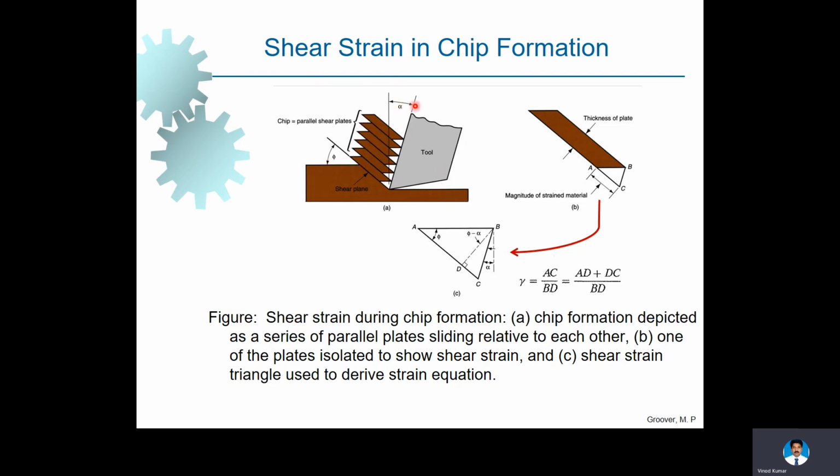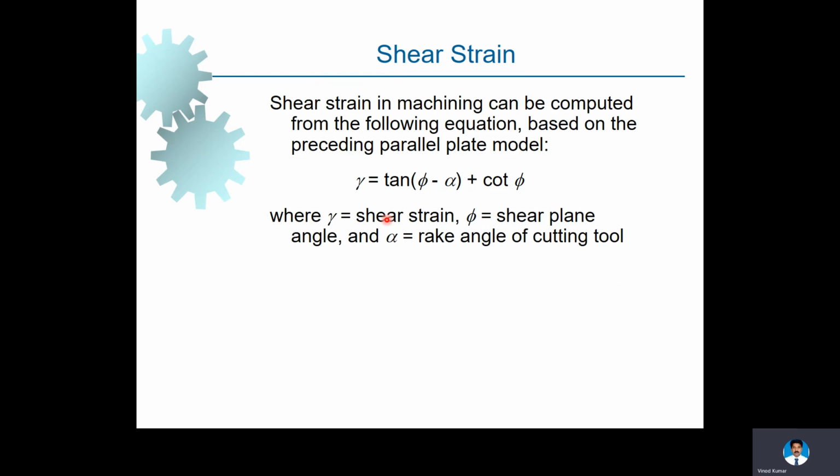If alpha is the rake angle of the tool, then the shear strain is calculated as AC over BD. Using this, we can calculate the shear strain produced during chip formation.